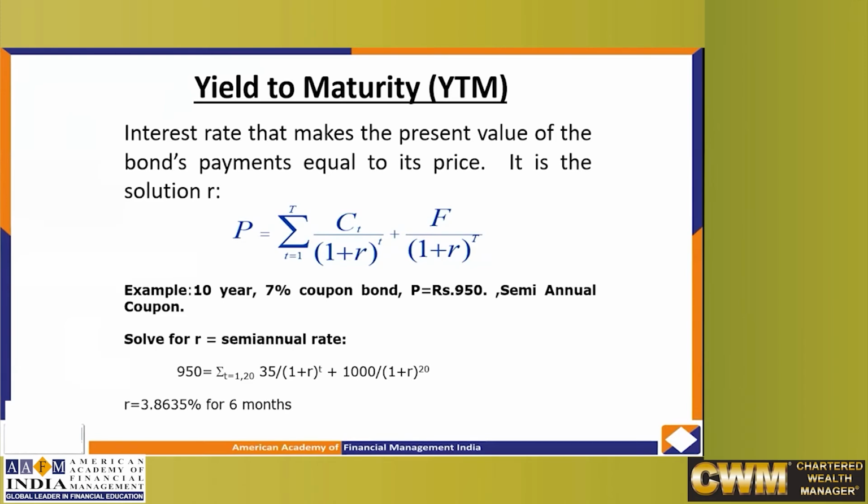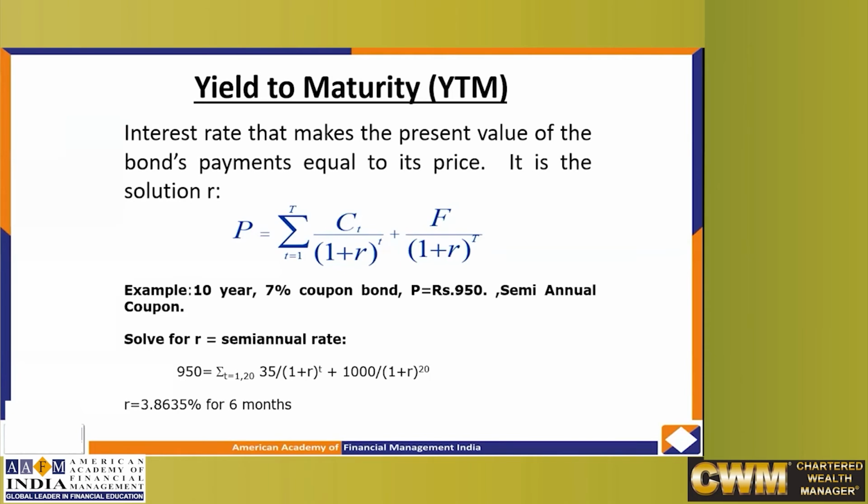PMT is 7% coupon on 1000, so 70 divided by 2, 35. So PMT is 35. Future value is 1000. P/Y is 2. C/Y, put it as 2.